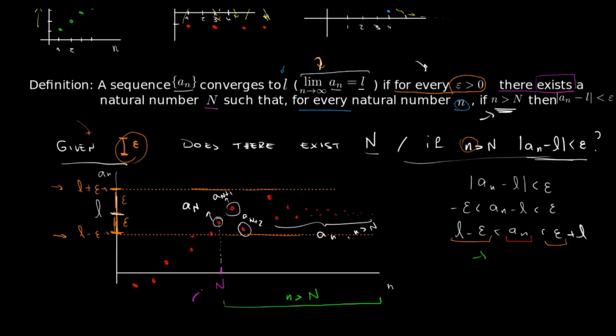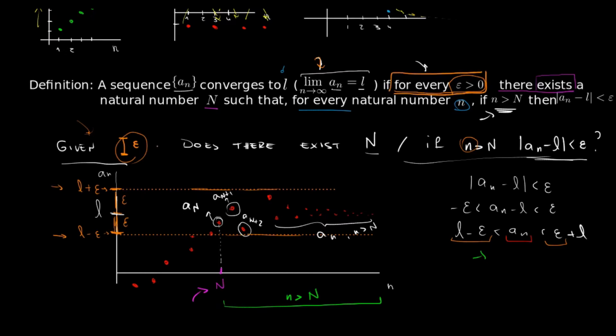Which one is it? This one. Such that if n is greater than this n we found, then the sequence a sub n is between L minus epsilon and L plus epsilon. So now we have to do this for every epsilon greater than 0.